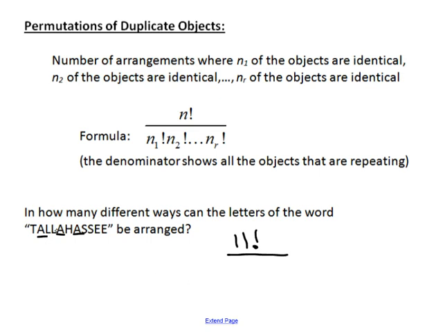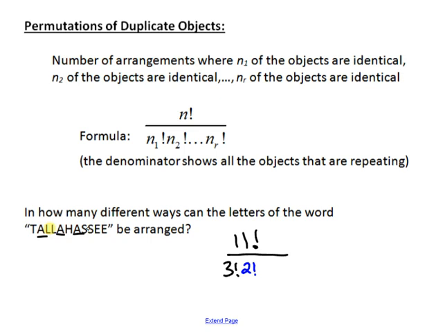I see I have 3 A's here, so I'm going to put 3 factorial on bottom. I also notice that I have 2 L's. So I'm going to put a 2 factorial on bottom because I have 2 L's. I put the 3 factorial for the 3 A's. Now I put this 2 factorial for the 2 L's.